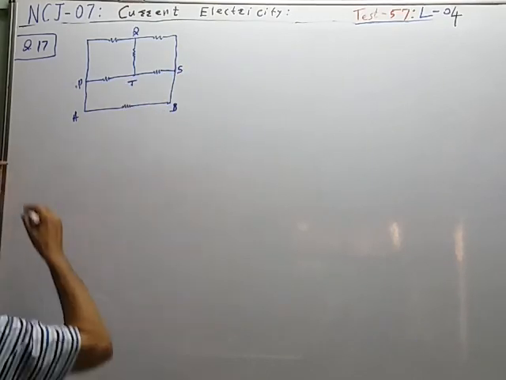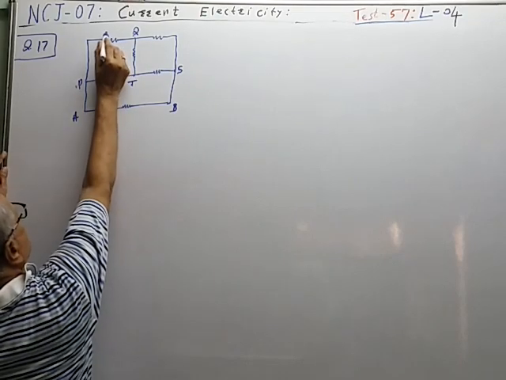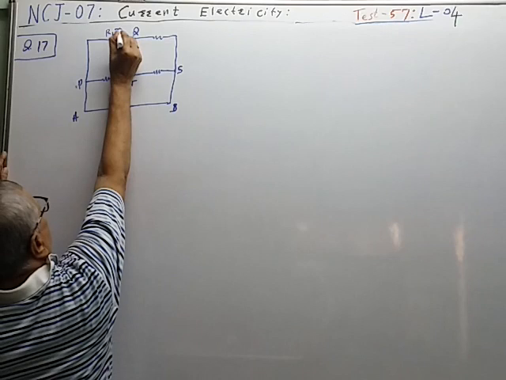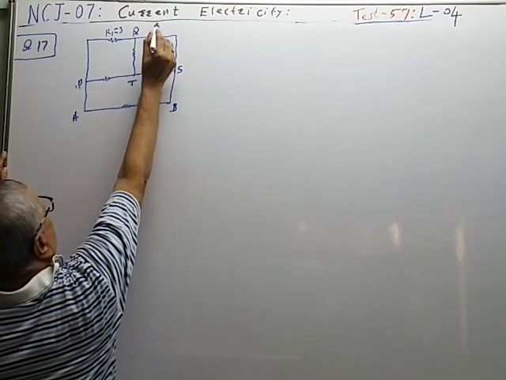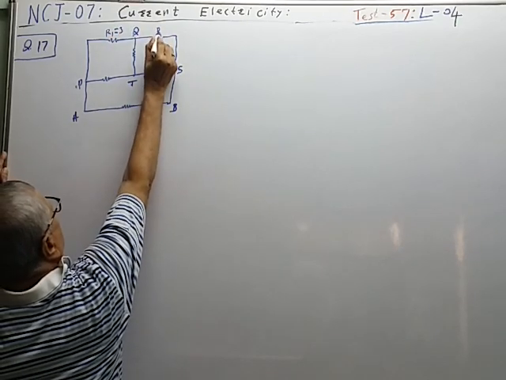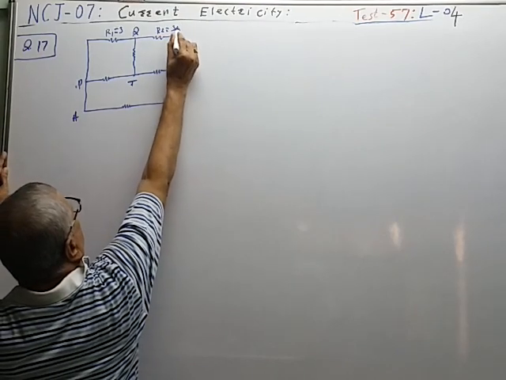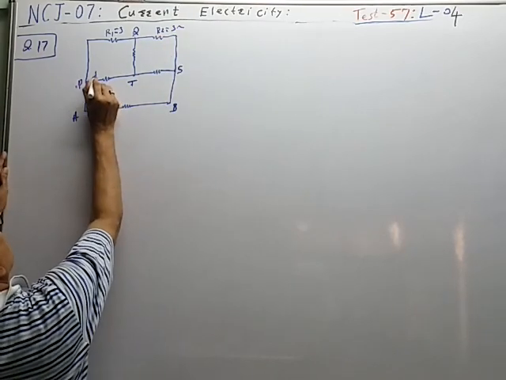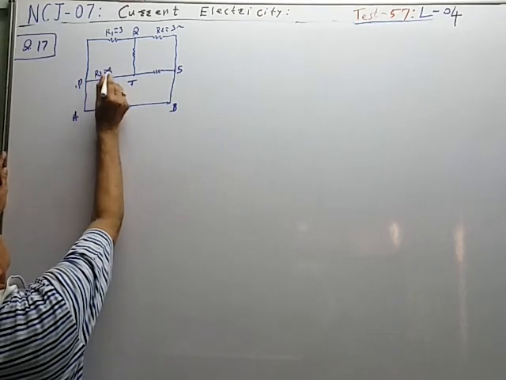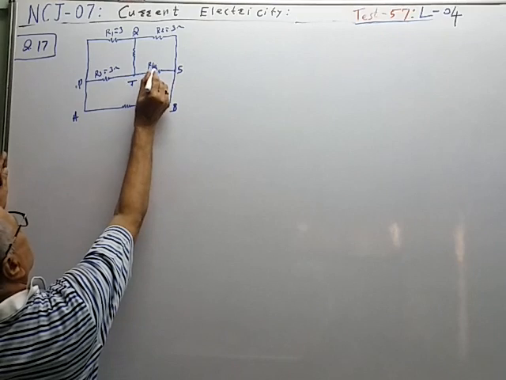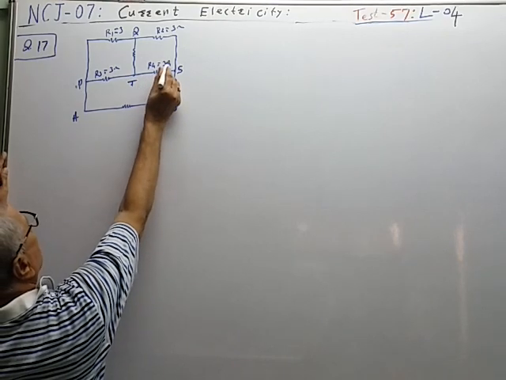So this resistance is R1. R1 is equal to 3 ohm. R2 is equal to 3 ohm. R3 is equal to 3 ohm. R4 is equal to 3 ohm.